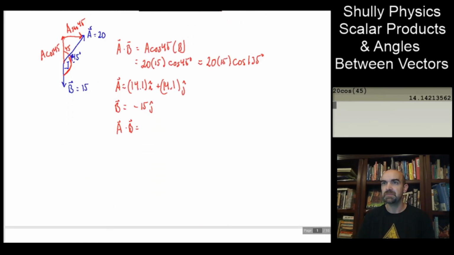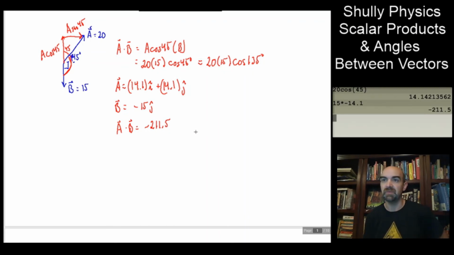So 14.1 I dot negative 15j is 0, so we're going to ignore that component and move over to this one, 14.1 j dot negative 15j. I'm going to multiply those together, 15 times negative 14.1, and we get negative 211.5. Okay, so that's A dot B, negative 211.5.